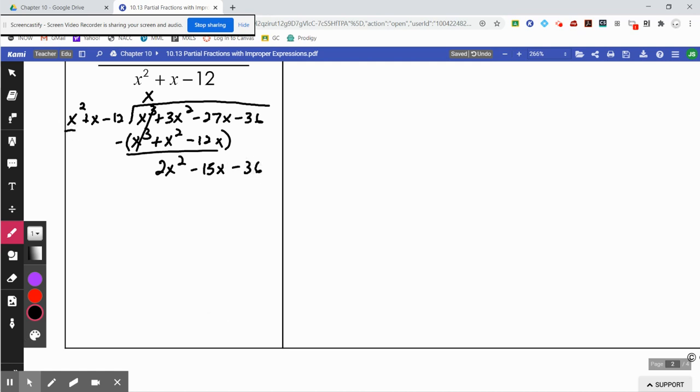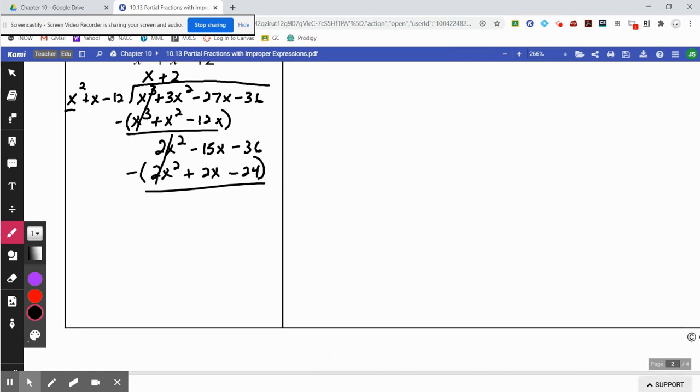X squared will go into 2x squared 2 times. Distribute gives you 2x squared plus 2x minus 24. Subtract, cancels. That gives you a negative 17x and a negative 12.